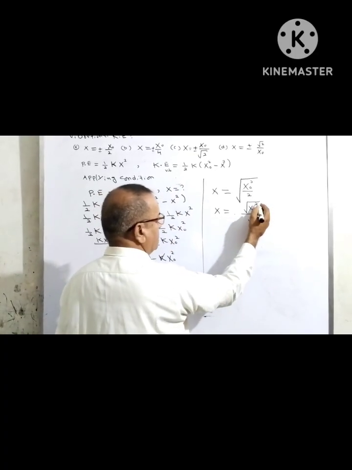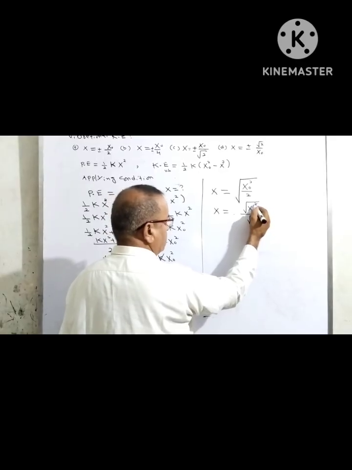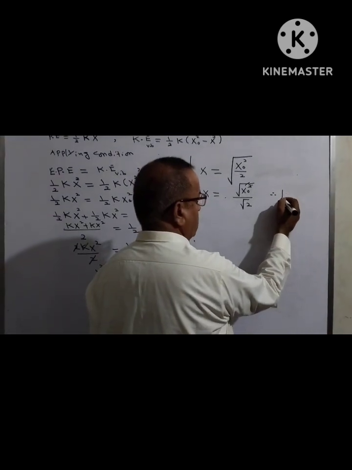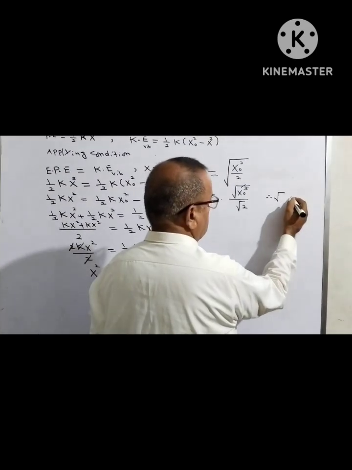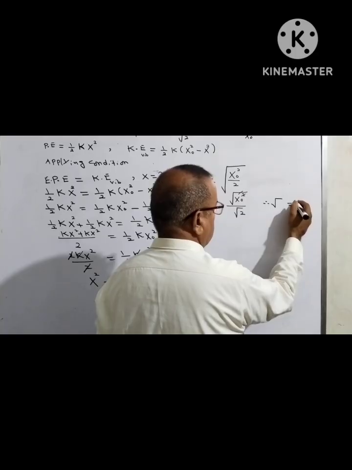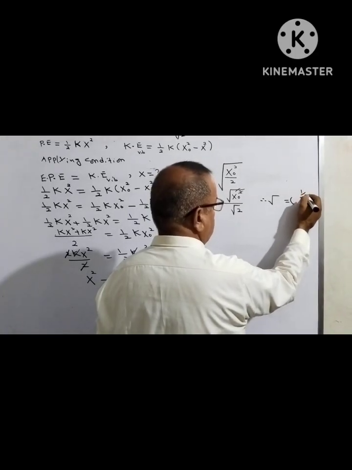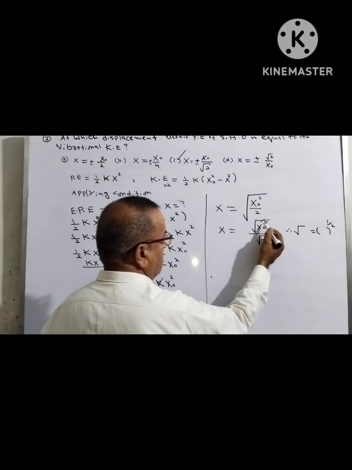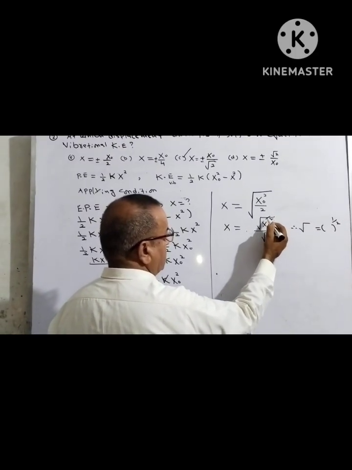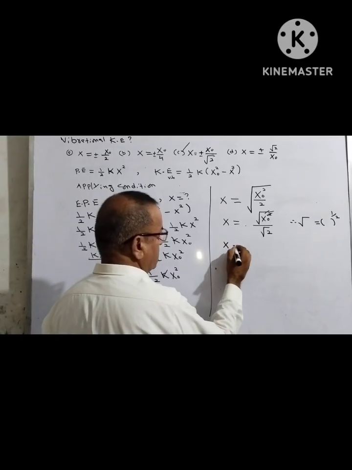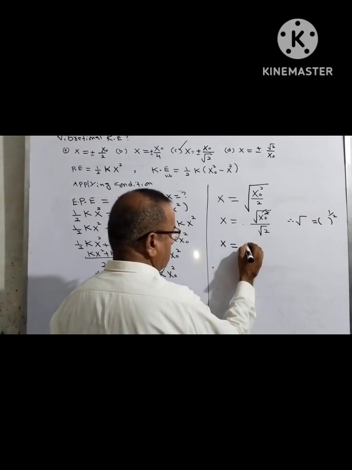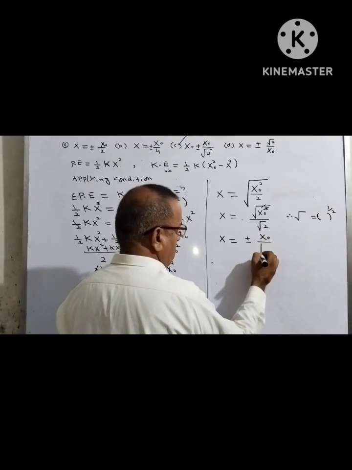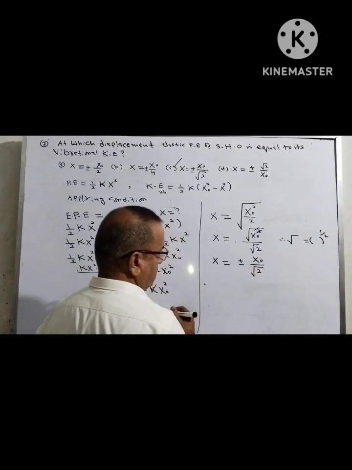The square and the radical get cancelled. Now we have x is equal to plus minus x naught upon under radical 2.